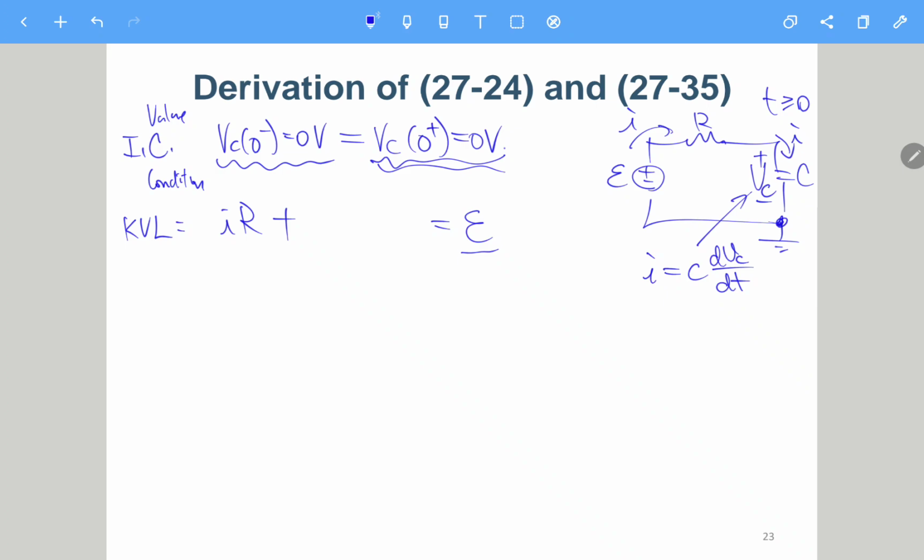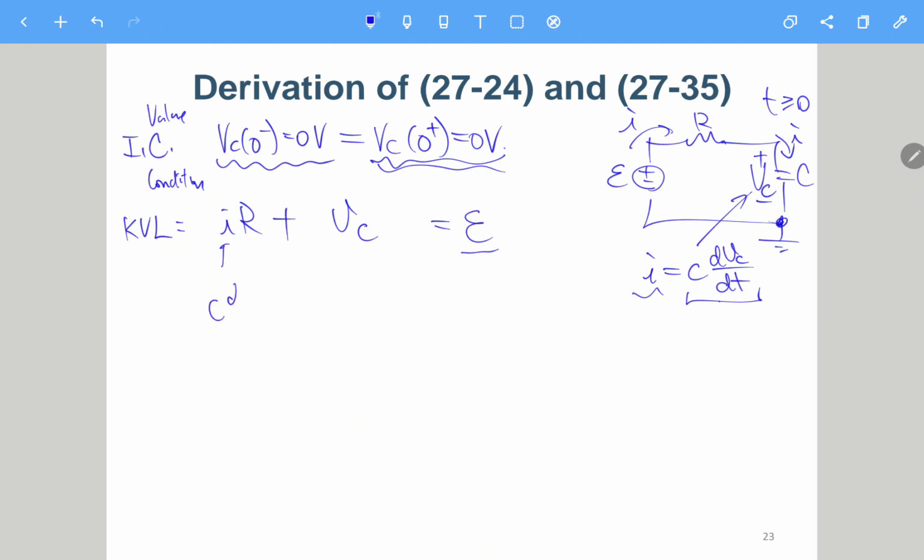Okay, so if you just write the KVL, this part should be VC, so from higher voltage to lower voltage, we should have plus VC. Here we know that I is actually this one, so we can just plug this in here: I equals C dVc/dt.